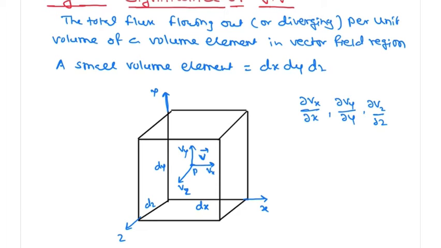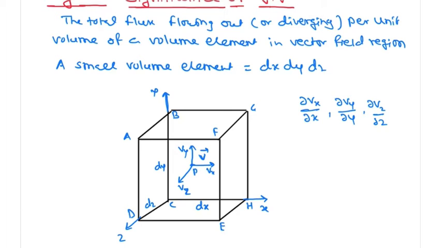Now we find what is the variation of vector field along the x axis. For that purpose, we consider the x component of the vector point function, that is vx. We write its magnitude. Now what is the magnitude of vector point function at the center of one of the faces? That face we call ABCD and the other is EFGH.